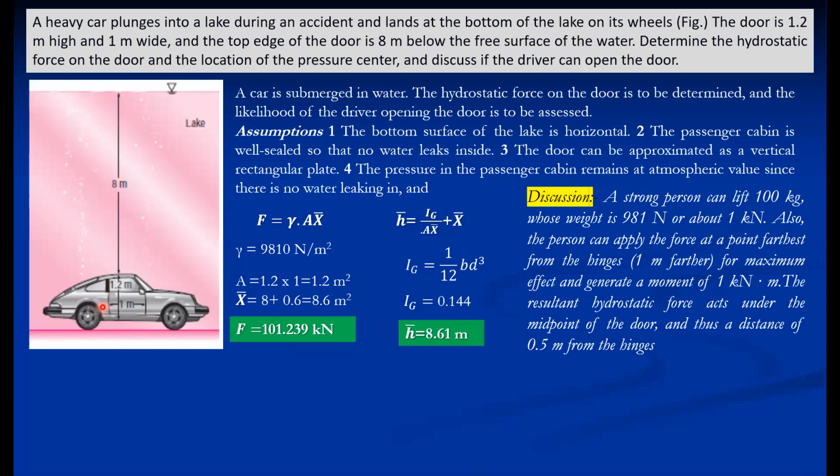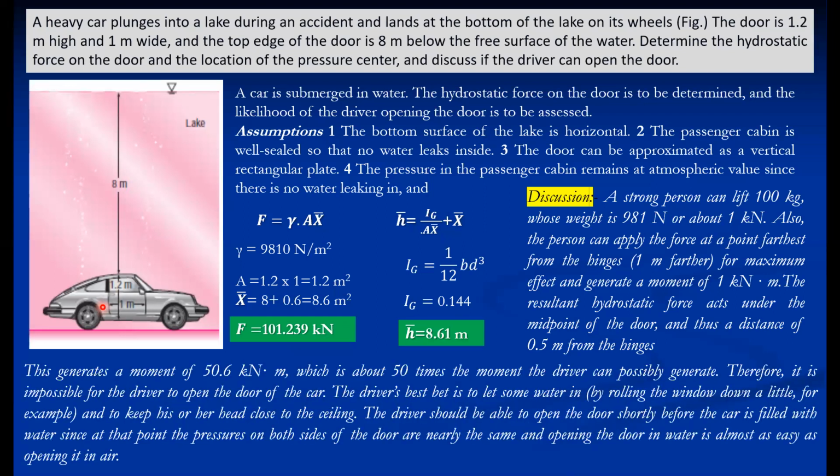So for maximum effect, generating a moment of 1 kilonewton meter, the resulting hydrostatic force acts under the midpoint of the door and thus a distance of 0.5 meter from the hinges. So this generates a moment of 50.6 kilonewton meter.